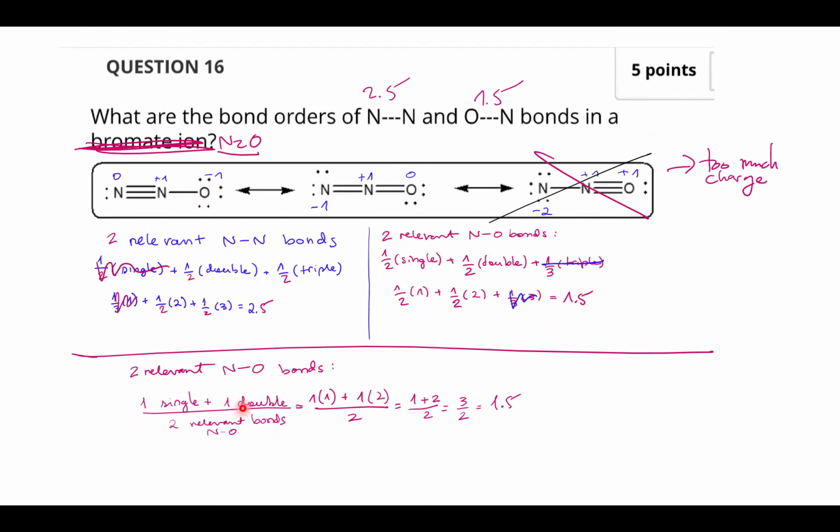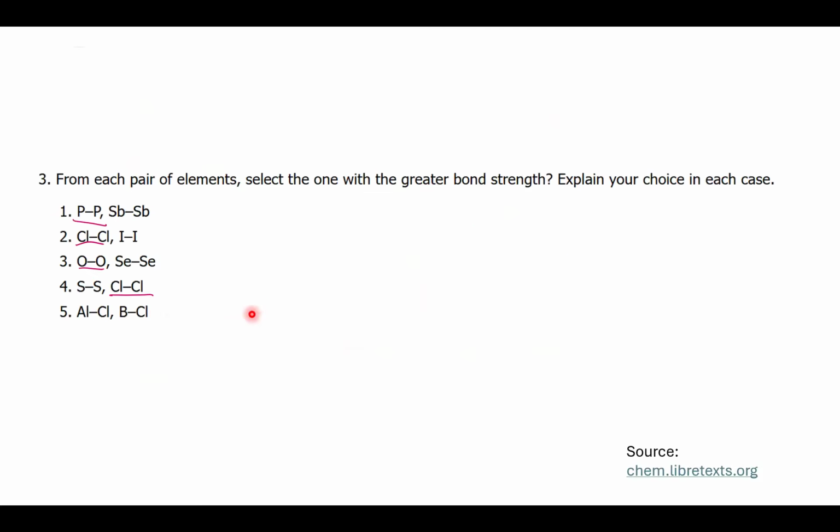Now you just translate what single and double mean: only one is single plus only one is double, over 2. It's literally the same thing that I explained here, which is just 1 plus 2, 3 divided by 2, 1.5. And that's how you solve it for this one. Oh, I did do it.